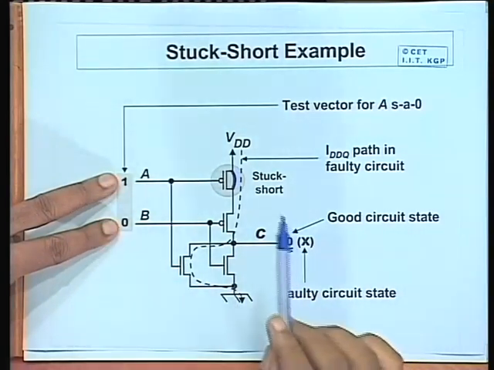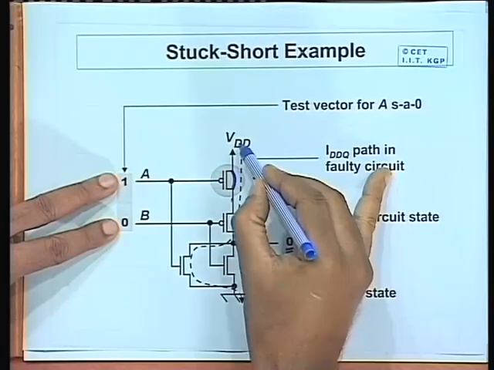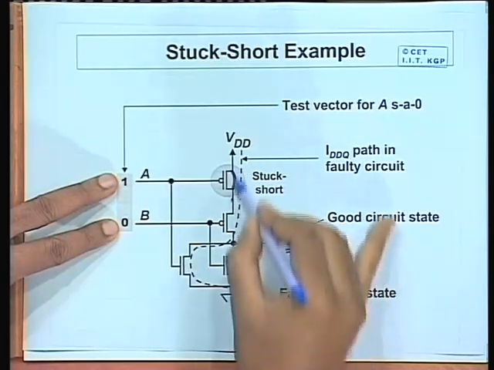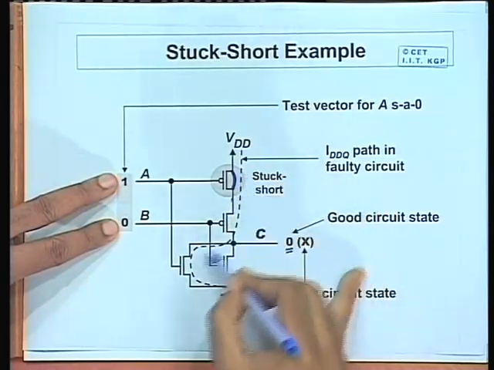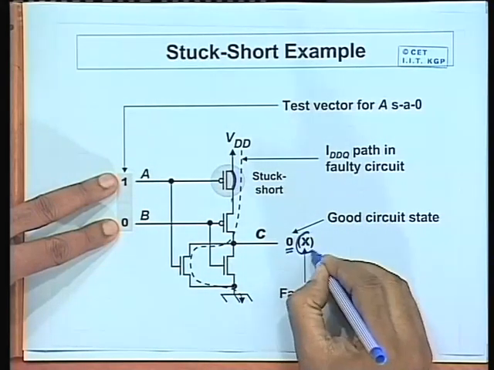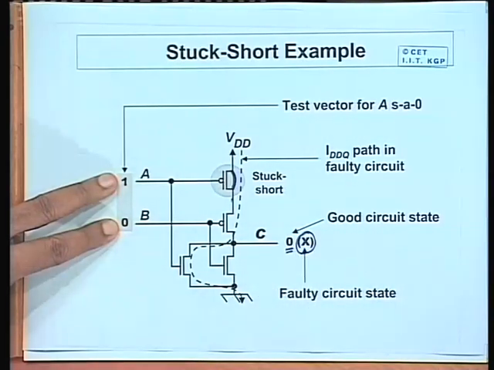But since this transistor is short now, from VDD to ground there will be a current flowing path. So, this circuit will act as a voltage divider. There will be a high current flowing, and the output will neither be at logic 0 level nor at logic 1 level, somewhere in between. It will be indeterminate.